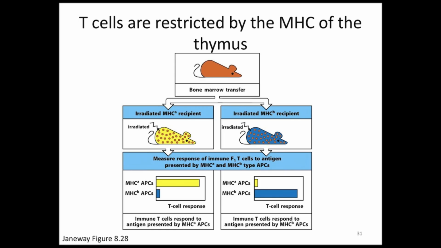Because they learn what self is based on the thymic stroma that they were interacting with. And so the thymic stromal cells are really important to teach the cells what self is. And so you can see, as it says on the top, that T cells are restricted by the MHC type of the thymus that they grew up in.